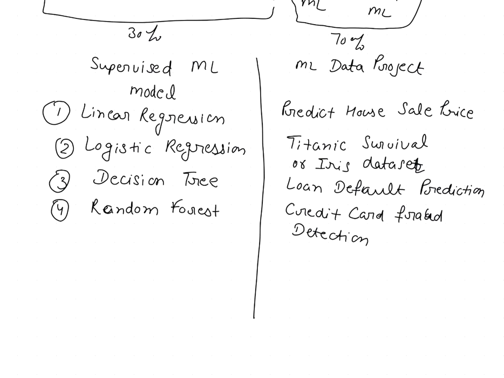Okay. And then the next one is KNN. We also call it K nearest neighbor. Okay. This is a very popular algorithm. You should do it. Okay.